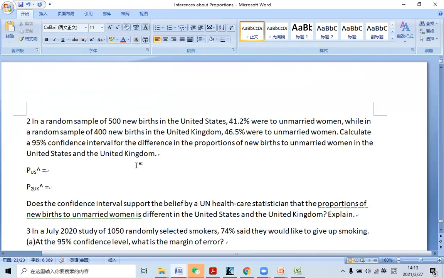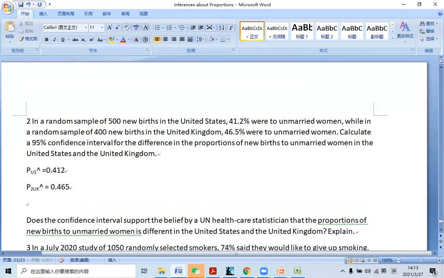The US estimate is 41.2%, let's use 0.412. For UK, 0.465. Is there a difference between the two proportions? Construct a 95% confidence interval for the difference in the proportion.